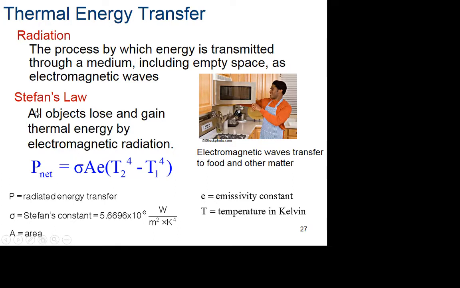So we're going to use something called Stefan's law, which is another scary looking formula, but it's really not that bad. The amount of power that's lost, or the radiant energy that's transferred, is a constant, 5.6696 times 10 to the negative 8th, times the area over which the energy is transferred, times another constant.